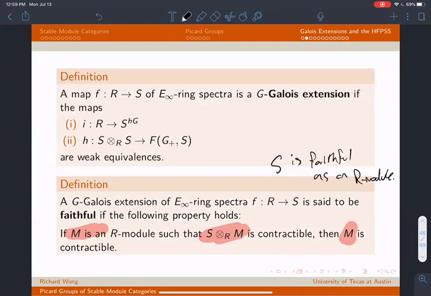Is there any intuition for this term faithful? Yeah, it means that your target S is a faithful R-module, so it detects zero objects or contractible things.